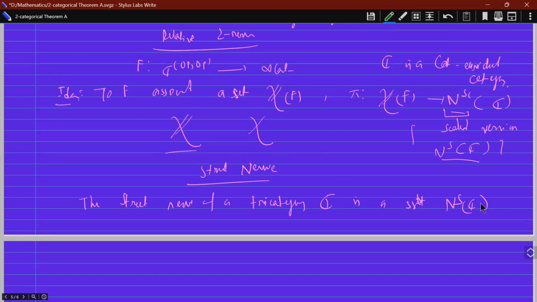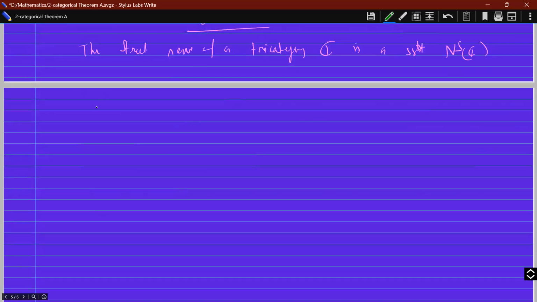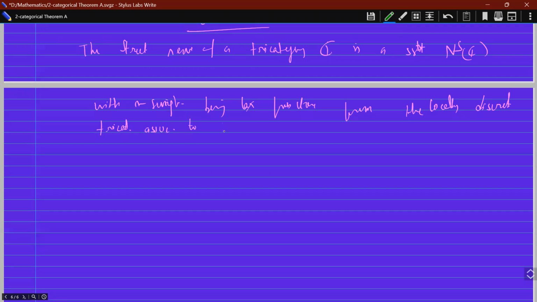So this is a simplicial set with n-simplices being lax functors from the locally discrete tricategory associated to, right, associating this to C.